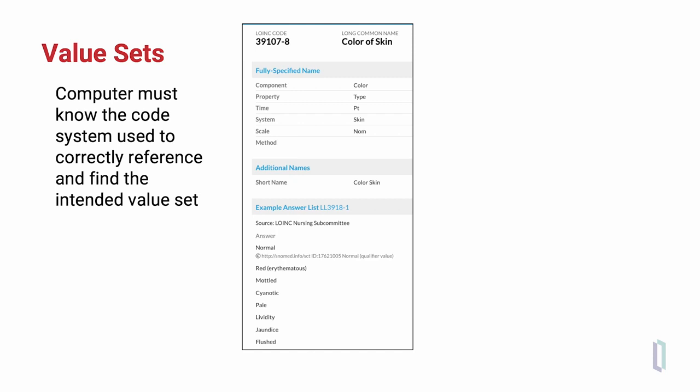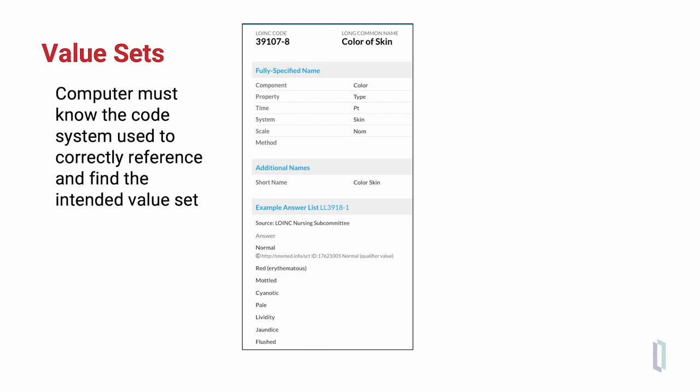These are assembled in this example into a value set ranging from normal to pale, flushed, red, all different descriptions of skin color that would be included in this value set, so that there is a limited number of descriptions that could be used in recording data.